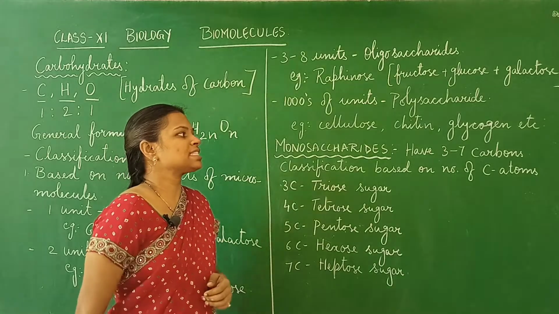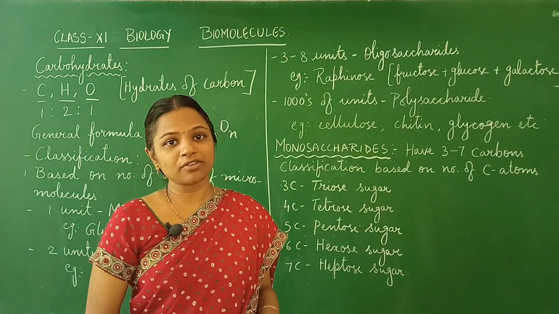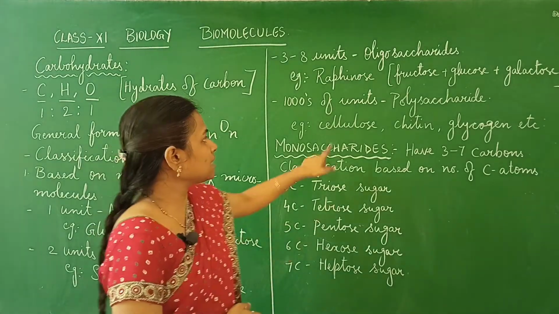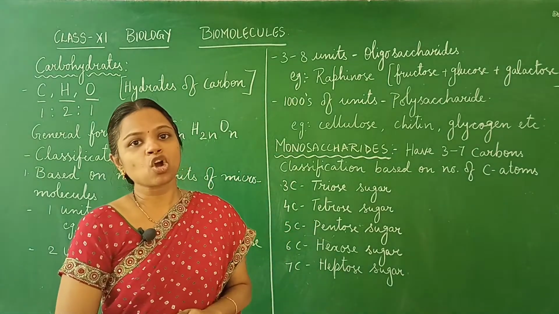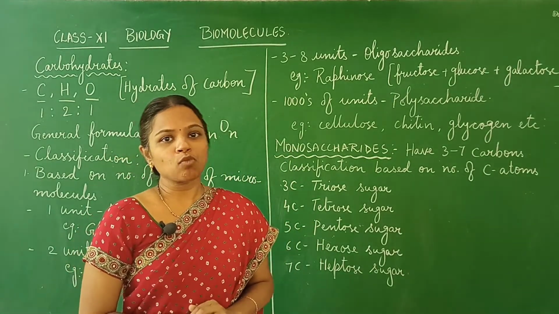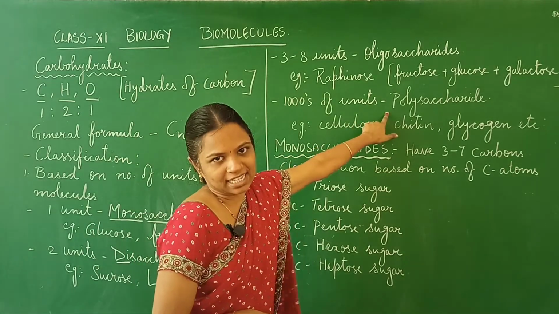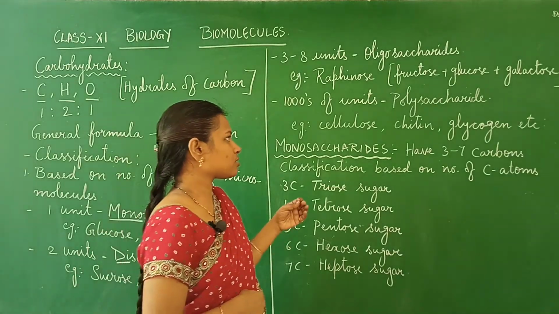Here we can see some of the carbohydrates which make up the cell wall in case of plants. Mainly cellulose is seen as a major component in the cell wall of plants. That cellulose is a polysaccharide. It is made up of many micromolecules.